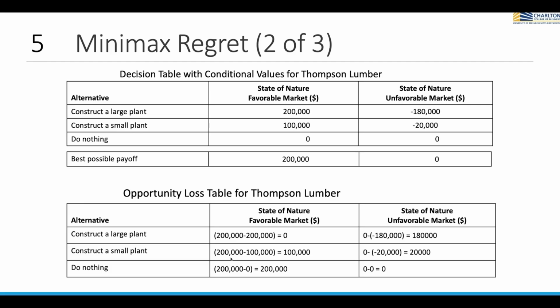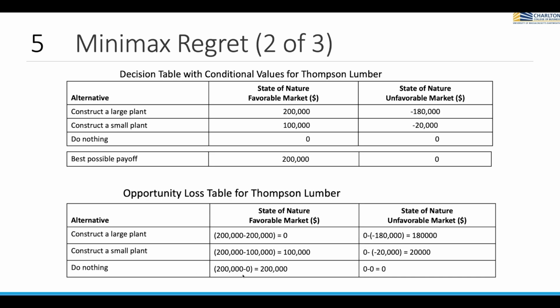So 200k possible profit minus what we are earning gives us the regret. So our regret is the difference between these two numbers, equal to 100k.